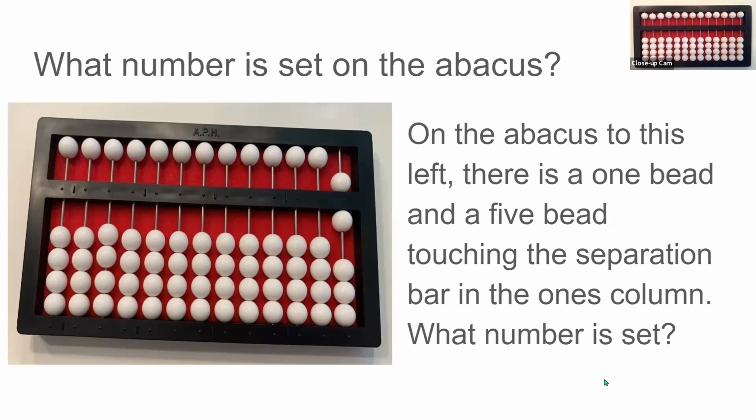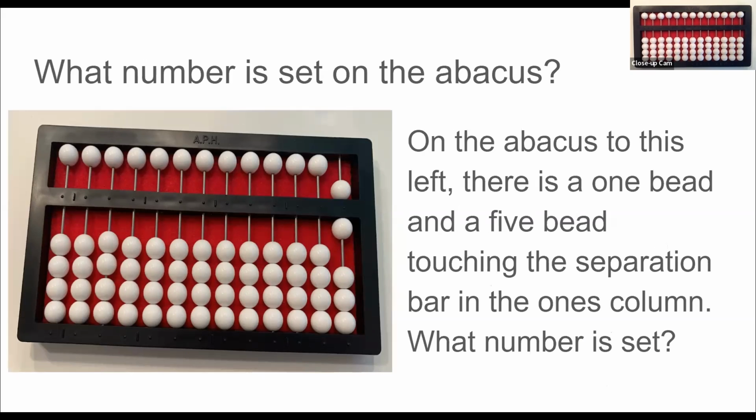On the top of my screen, it says, what number is set on the abacus? And it shows me a picture of the abacus on the left with a number set. On the abacus to the left, there is a 1 bead and a 5 bead touching the separation bar in the ones column.